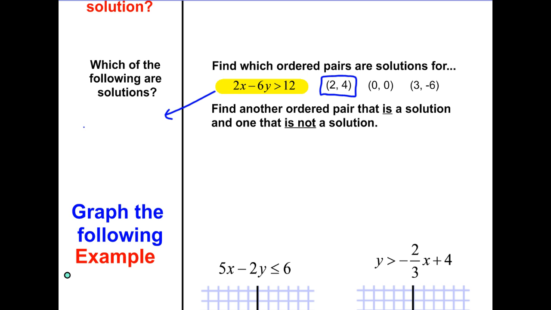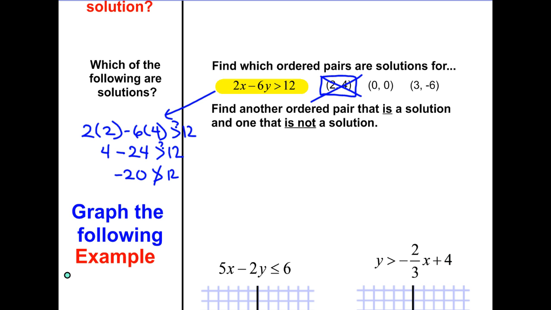So 2 times 2 minus 6 times 4, is that greater than 12? 2 times 2 is 4, 6 times 4 is 24, so it's negative 20, which is definitely not greater than 12. So we know that (2, 4) is not a solution to the inequality.